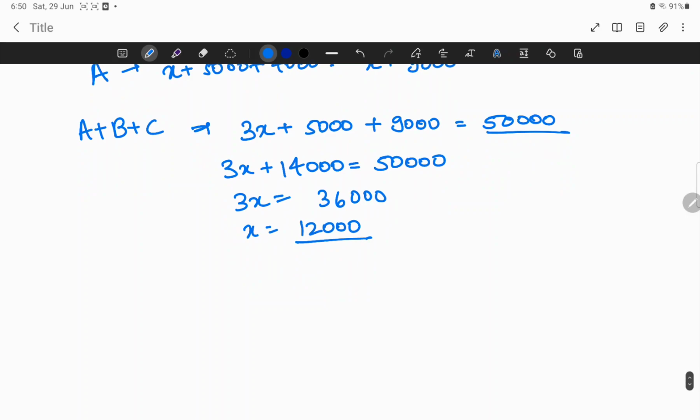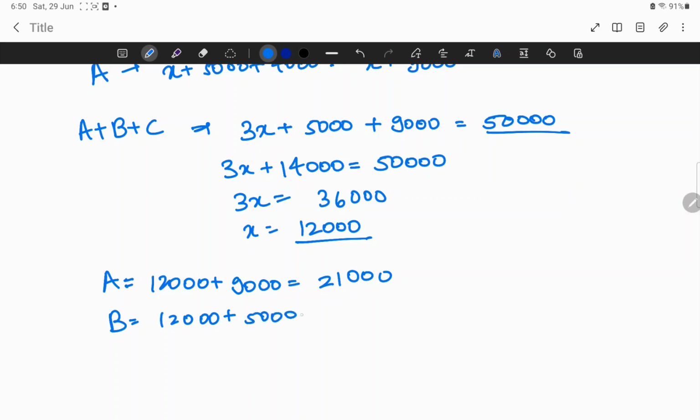Now you can find the amount invested by A, which is 12,000 plus 9,000, which is equal to 21,000. Amount invested by B would be 12,000 plus 5,000, which is equal to 17,000.